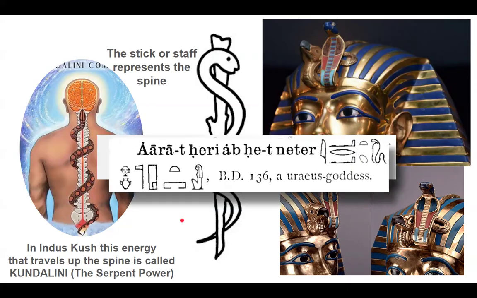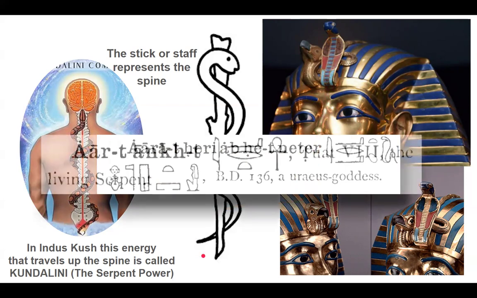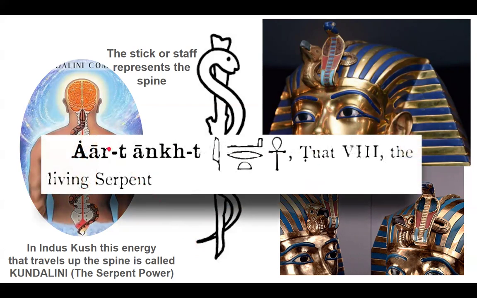Arati Heri Eb Het Neter is the name of the Uraeus. This is the serpent goddess. And Ari Ankh, we all know what the word Ankh means. Now we know that the word Arit means serpent, because here it's called the living serpent, the serpent that's living. These are metaphorical phrases that relate to the energy.